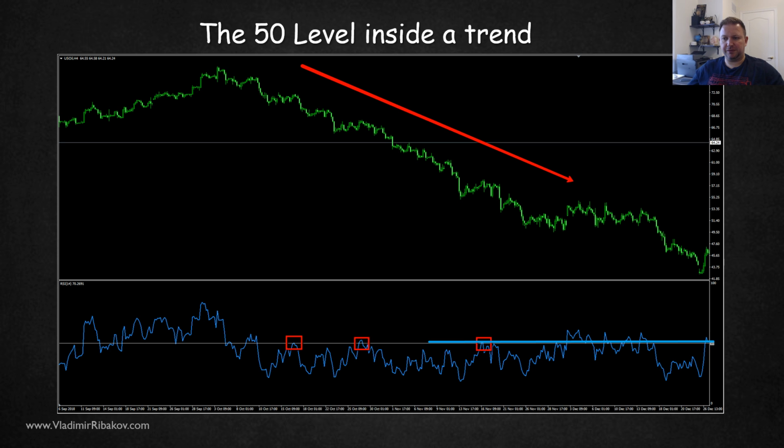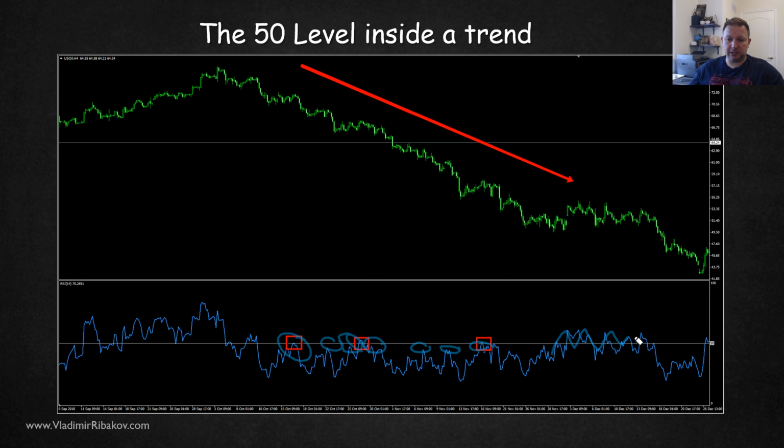The level 50 is critical when we are dealing with obvious trends, and you would see many times, again, it's not a rule of thumb, that when the trend is real and stable, the RSI would hold below 50, or at least just try to break but fail and go down again. You will see a lot of appearances around the 50 zone, bouncing and continuing all the way down.